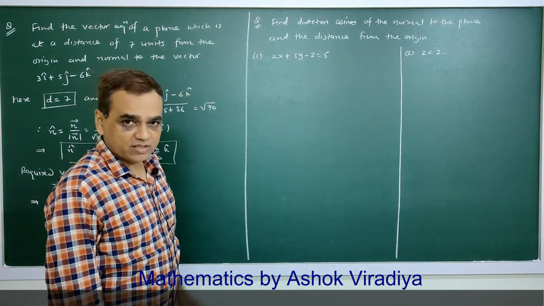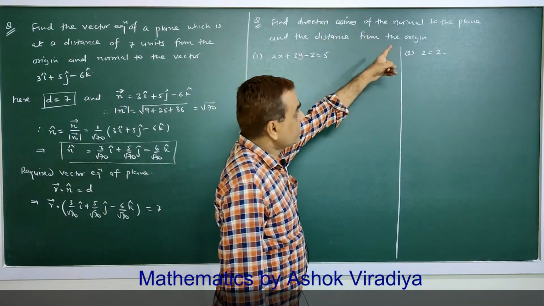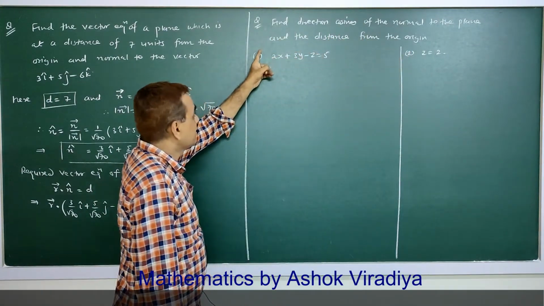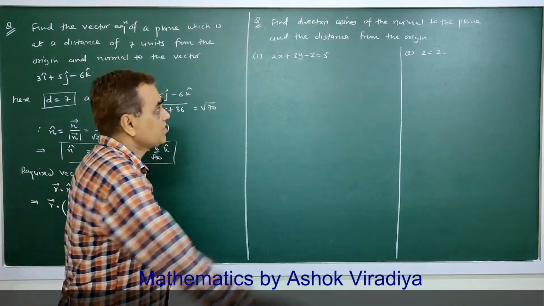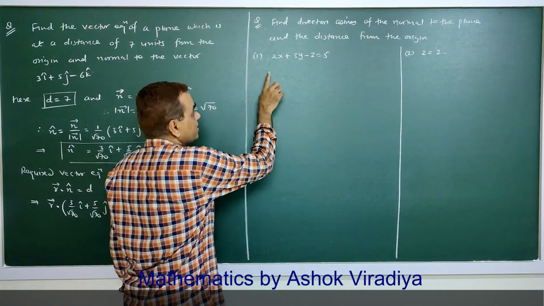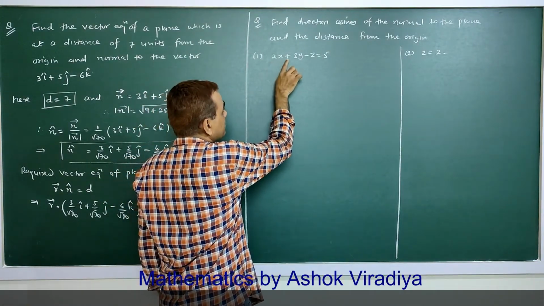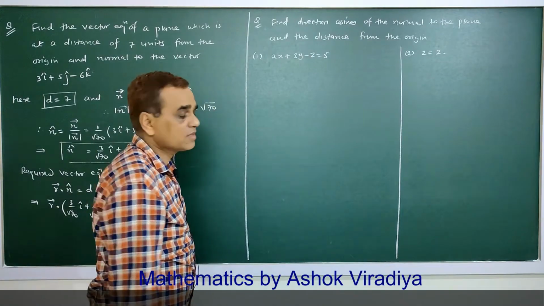In this question, find the direction cosines of the normal to the plane and the distance from the origin. Look at this equation. Here the equation is in this form, ax plus by plus cz equals d.